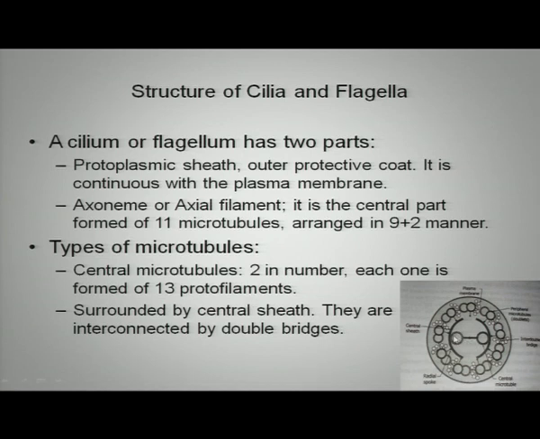And these 2 central microtubules are surrounded by the central sheath. When you observe this diagram, you can see that the 2 central microtubules are interconnected by double bridges. This is the double bridge that interlinks the 2 central microtubules.